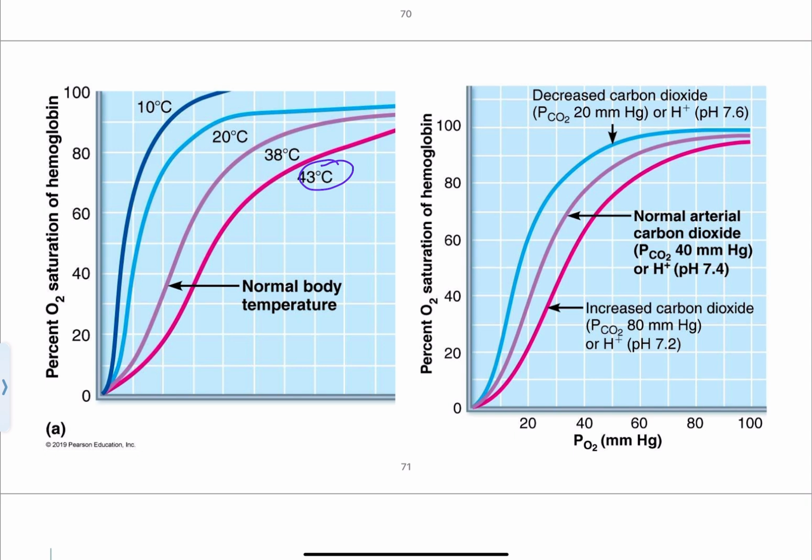So we don't want as much bound to hemoglobin. We want more of it being released from hemoglobin so it can enter our body tissues. Same thing here. Any increases in waste products like carbon dioxide, hydrogen ions, or BPG would lower the saturation of hemoglobin, because those are indications that we've used a lot of oxygen and that we need more to be unloaded from the blood.